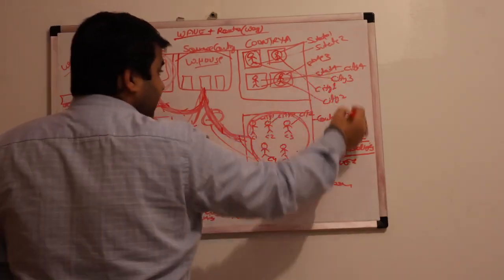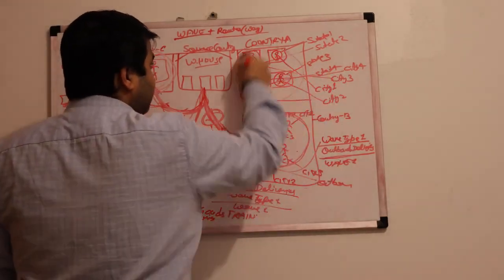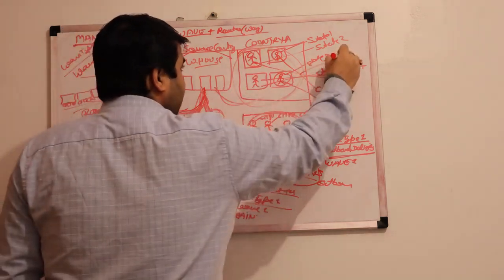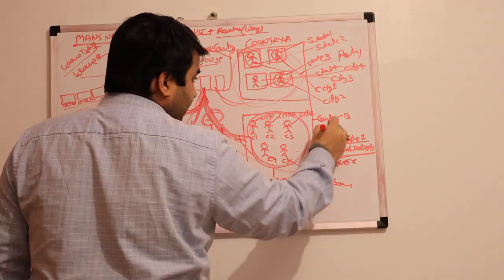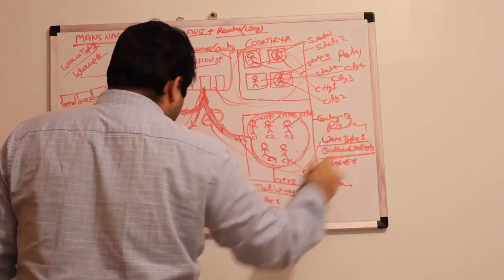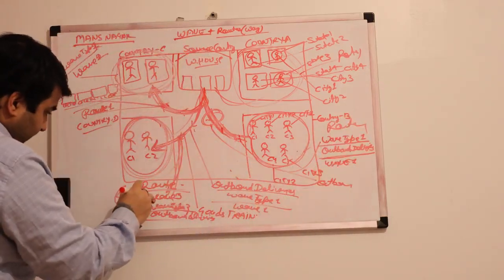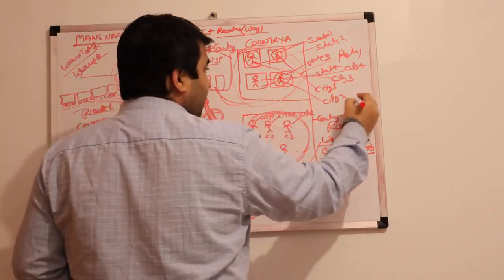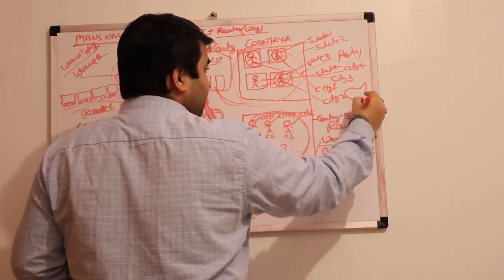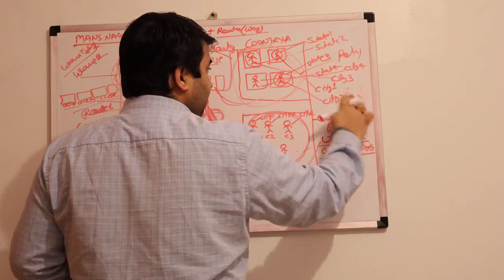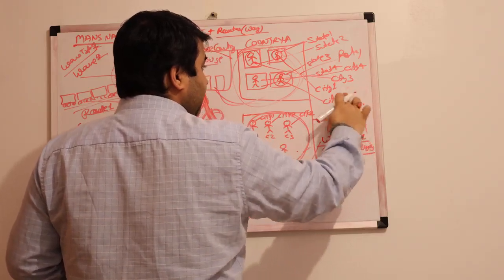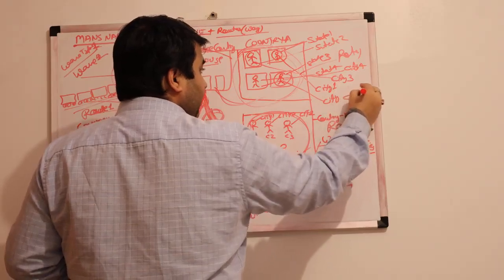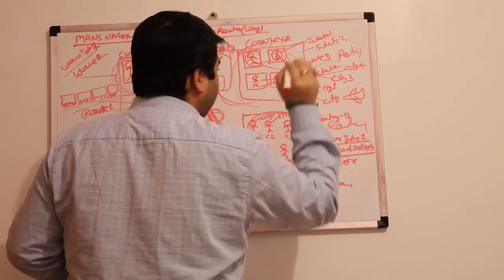Here we can consider the deliveries to this customer as route 1. Here we can take route 2, route 3, route 4. Suppose here we send the goods via cargo planes, to the customer through the cargo planes.